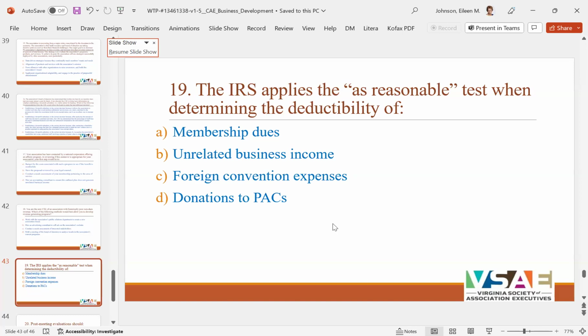Donations to PACs, I think that is something that they govern quite seriously, so I don't know that that would have a reasonableness test. So I'm just flipping a coin here, and I'm going to go with membership dues. It's actually foreign convention expenses. Oh, come on.